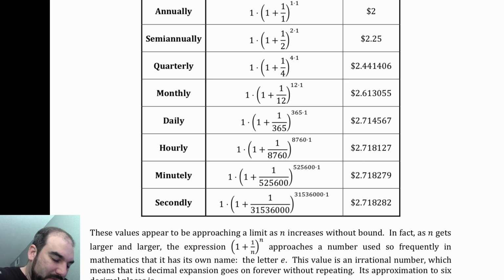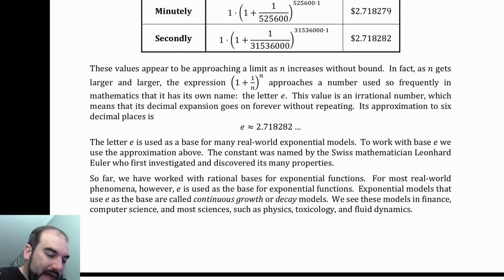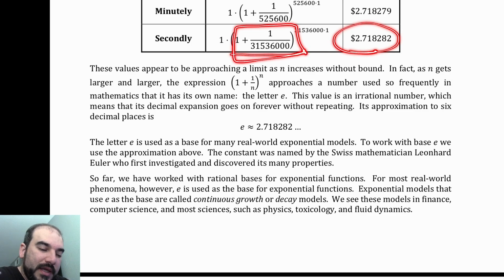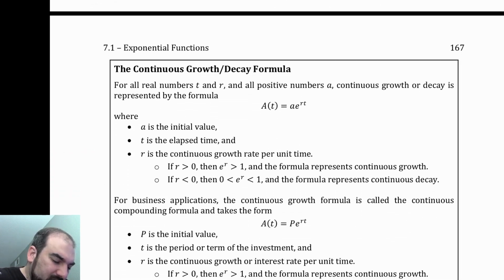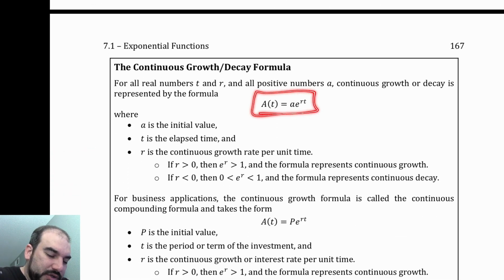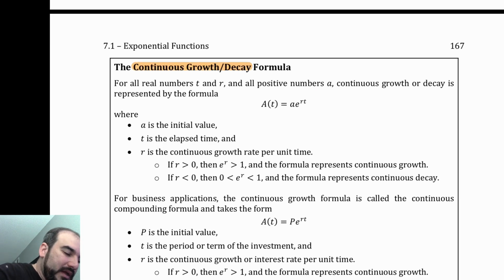So as we compound more and more often, we get closer and closer to kind of an infinity value for n. And when we do that, our rate of growth gets closer and closer to this value e. So essentially, it's an exponential expression for continuous growth or continuous decay, depending.